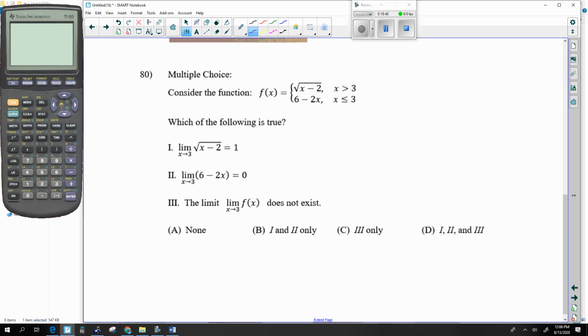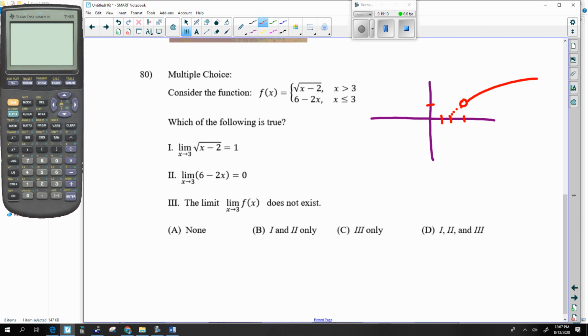Consider the function. Which of the following is true? I'm going to humor myself here. So we've got 3, 1, 2, 3. When x is right of 2, this would be 1 going like that, and it would have come down here with a square root. And then we have 6 minus 2x.